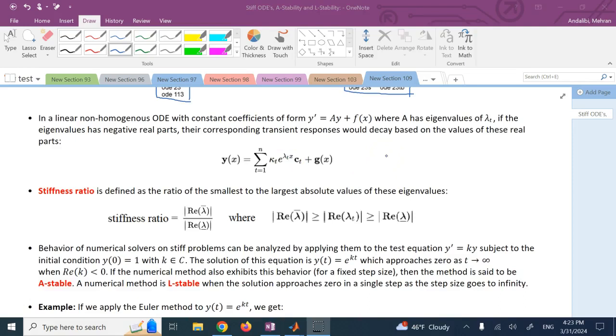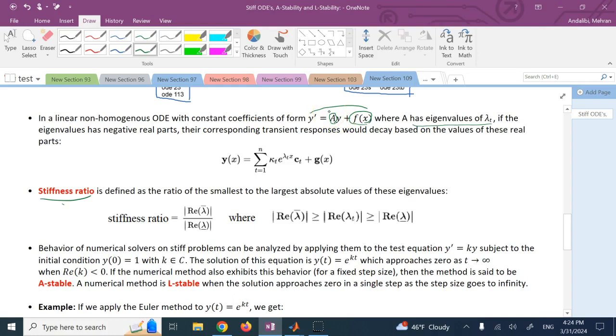Okay, so a couple of other things about stiff ODEs that I need to discuss. One of them is called stiffness ratio. What is that? If I give you a first order linear ODE with constant coefficient A and non-homogeneous, y prime equals Ay plus f, where A is a diagonalizable matrix and it has distinct eigenvalues lambda t, where t goes from 1 to the dimension of A, right?